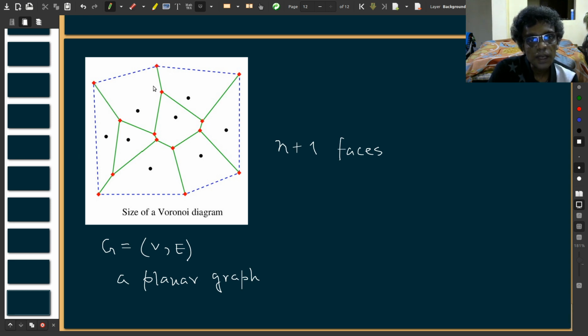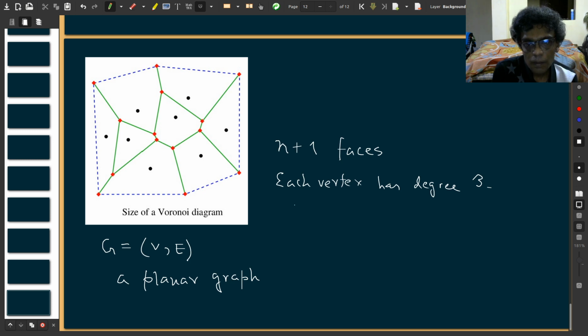Since the points are in general position, I can conclude that each vertex has degree 3. Therefore, by the degree sum formula, 3 times V is nothing but 2 times E. And the number of faces F is equal to n plus 1.